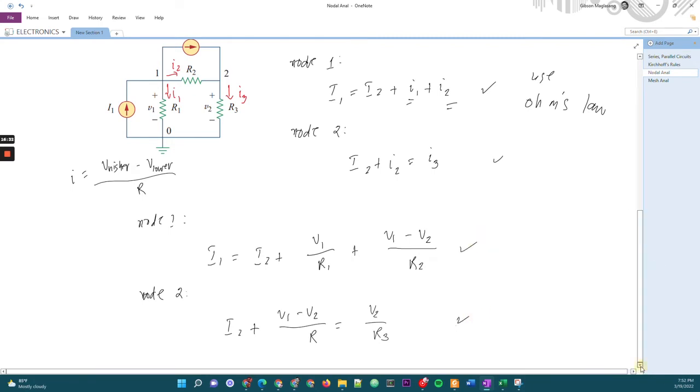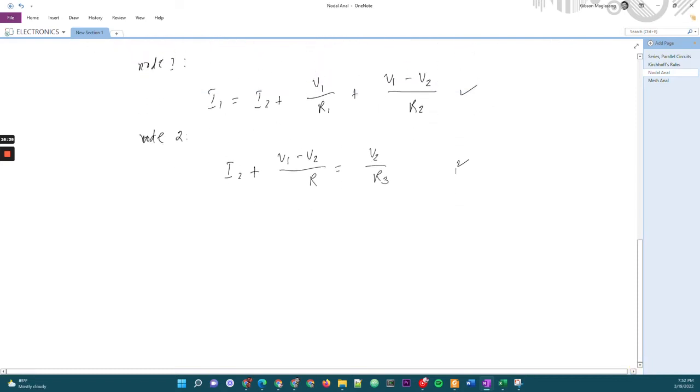Next to do is to simplify. We will collect all the variables containing V1 and all the variables containing V2, and on the right-hand side will be the constants. So we combine V1: we have 1 over R1 plus 1 over R2, that would be V1.